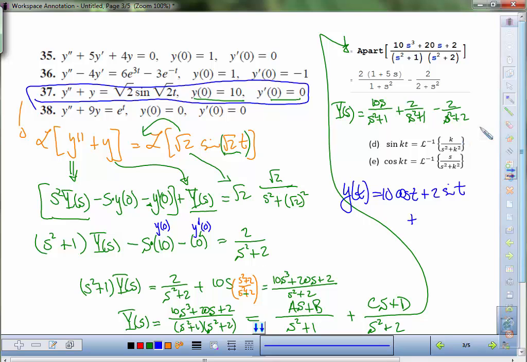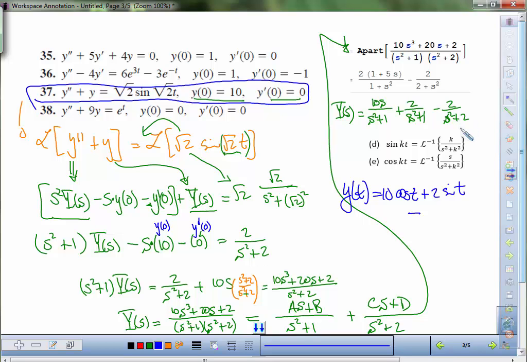I guess the next one is a negative. Now, this one. I'd like to take the 2 out. But if this is going to come back as a sine function, I have a k squared in the bottom.